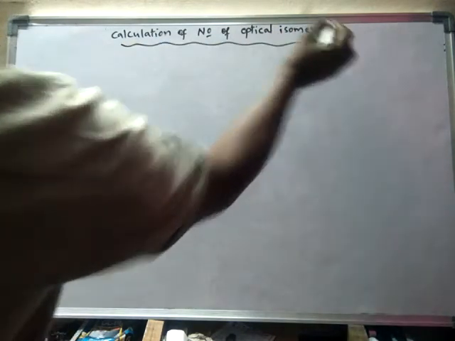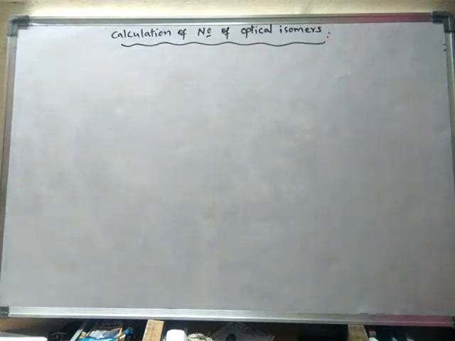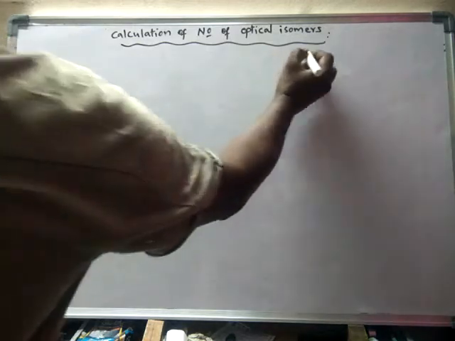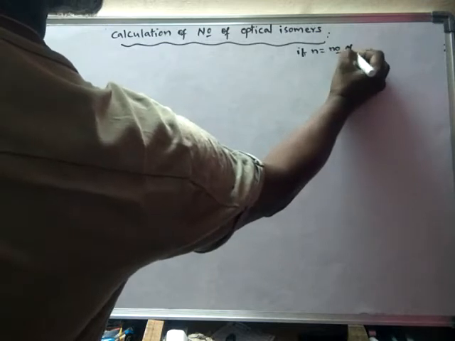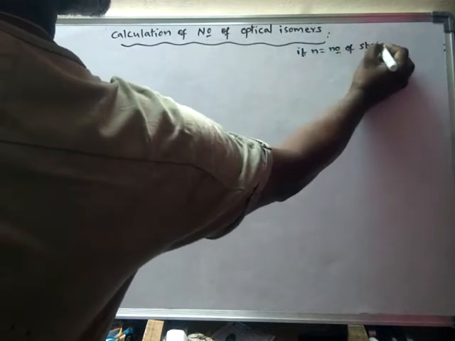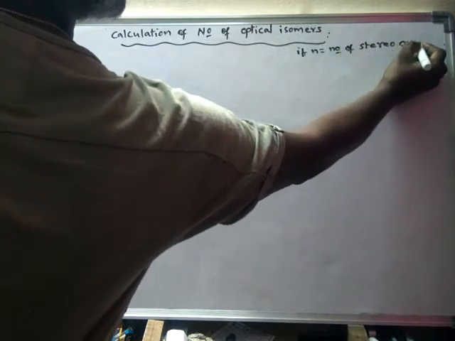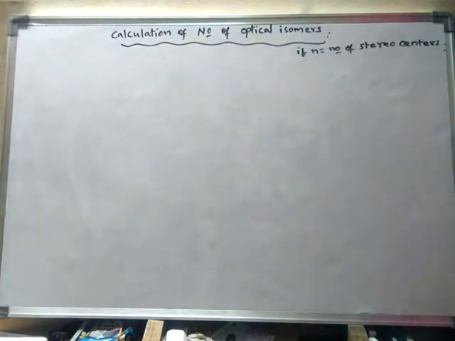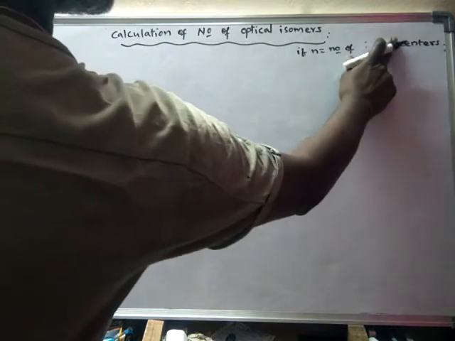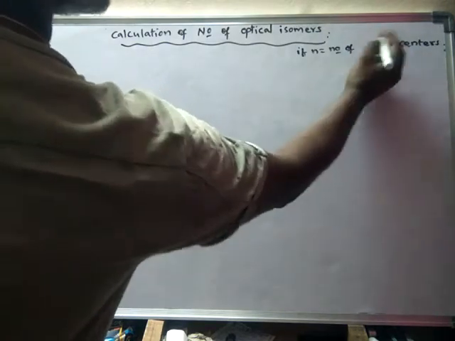So there are certain formulas to know the number of optical isomers possible with a given molecular formula or with a given structure. Suppose n is equal to the number of stereo centers. For optical isomerism we have to consider them as chiral centers.